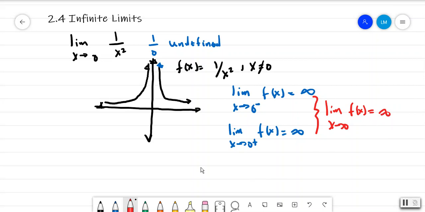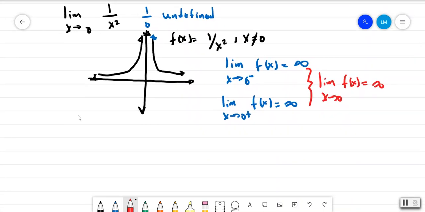Now that's kind of strange, given that infinity is not a real number. So I would have to say that technically that does not exist. Even though I said infinity with this equal sign, this is more or less just notation.